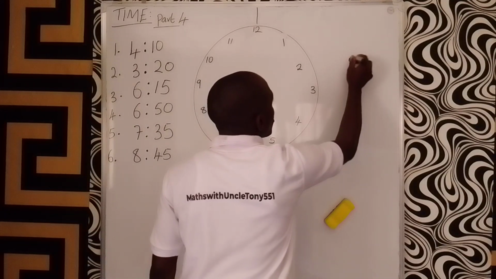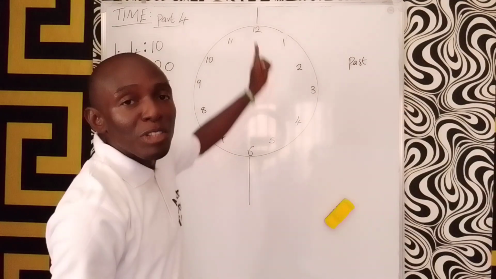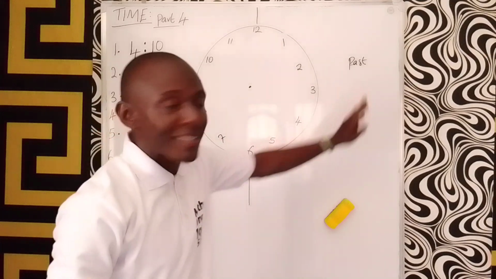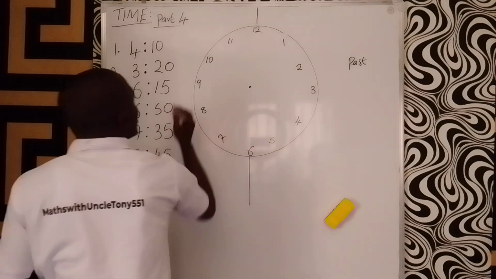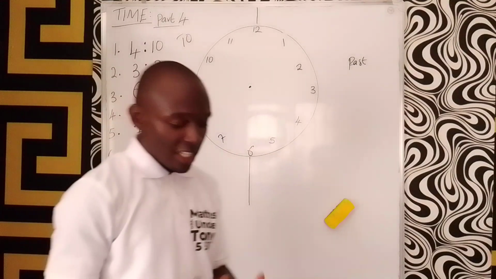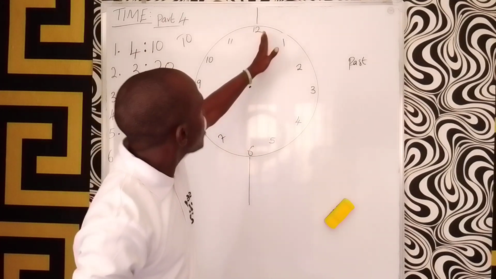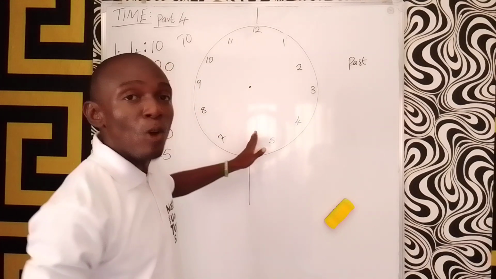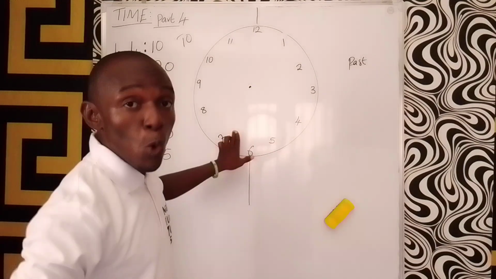The child should mention past. Right hand side, count the number and mention past. This side is called past, while from this side it is called to. Now this will help a child confidently tell a time. Remember, from here to this place is called past, then from this place again it's called to.